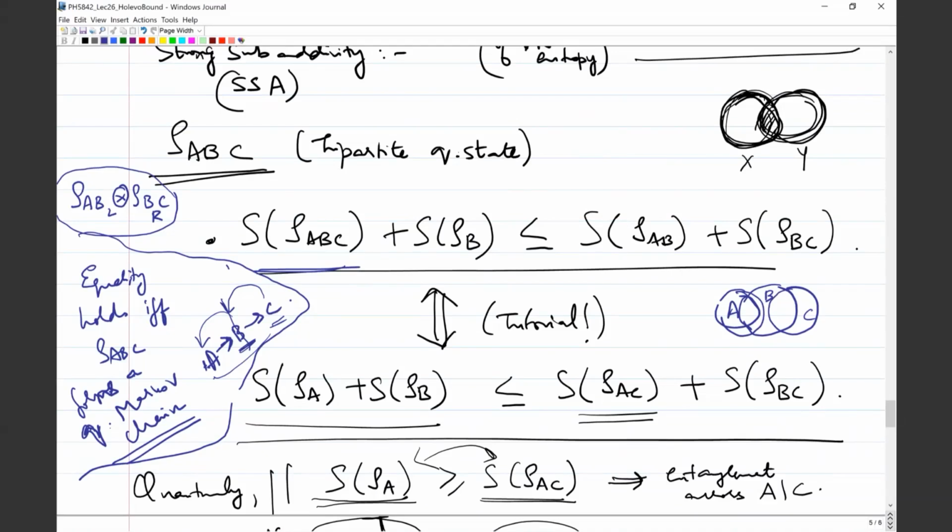It's a very cartoon picture. I don't think it's a fair representation, but anyway, just to give you some idea of what this is.